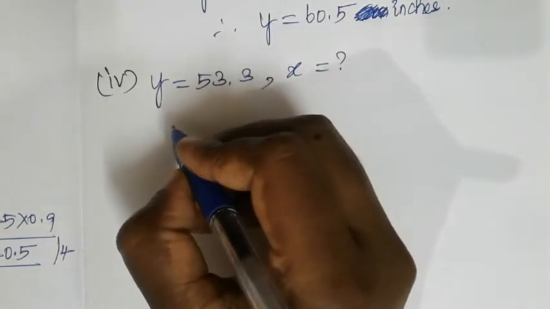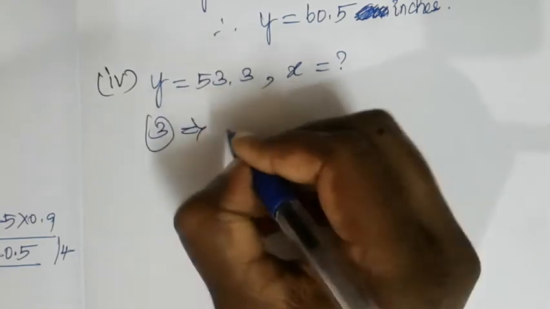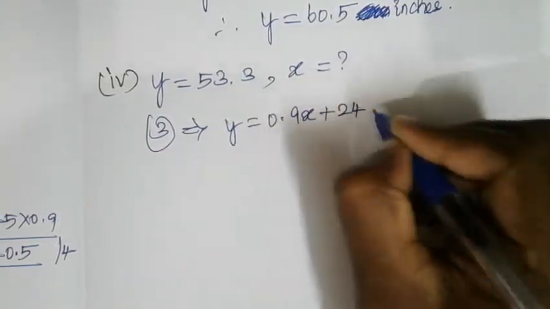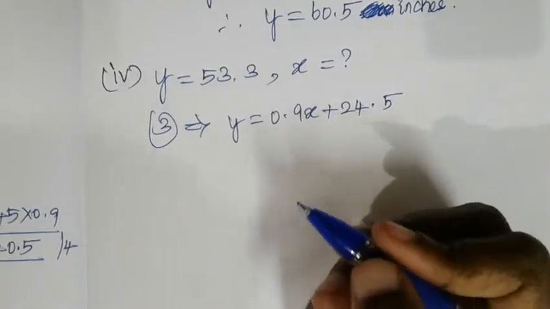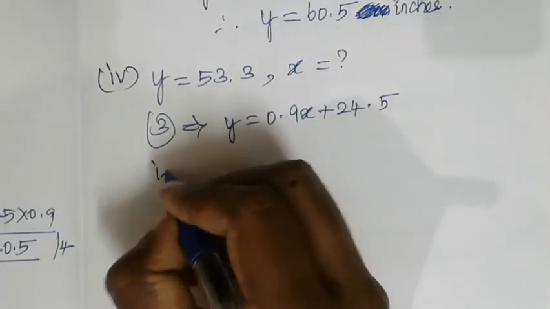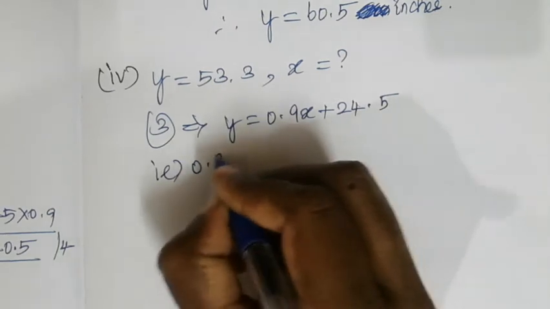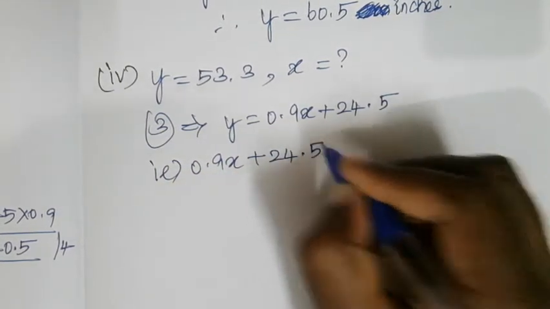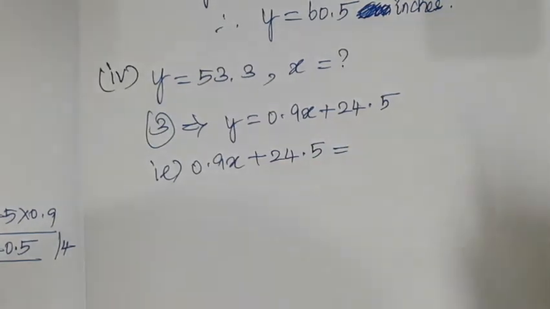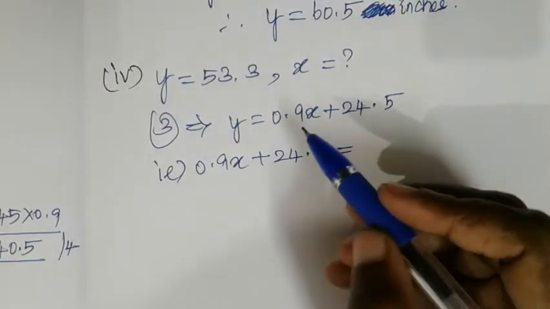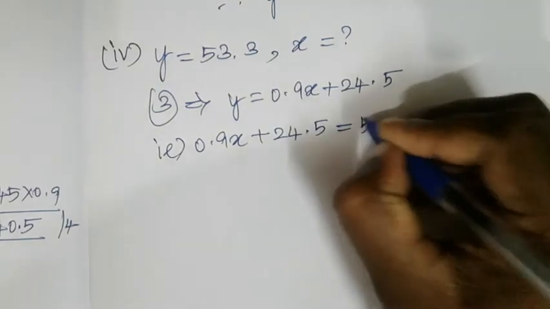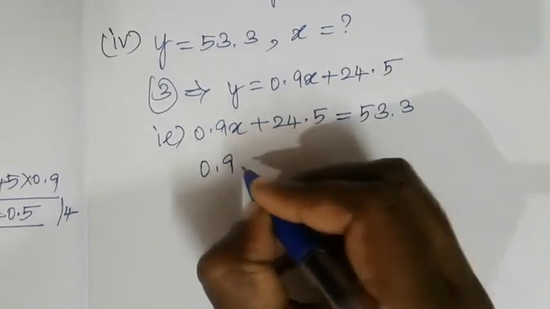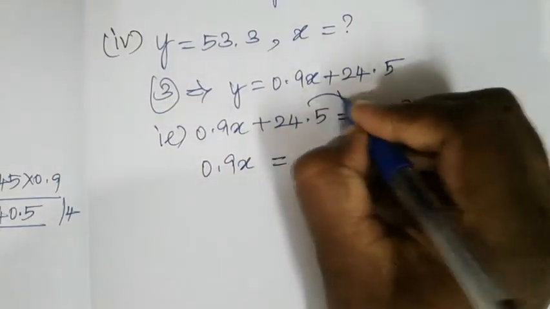Yes, for that now considering that third equation, Y is equal to 0.9 into X plus 24.5. Here what is required? X is only required. That is rewriting 0.9 into X plus 24.5 which is equal to, what is Y in this subdivision? 53.3.